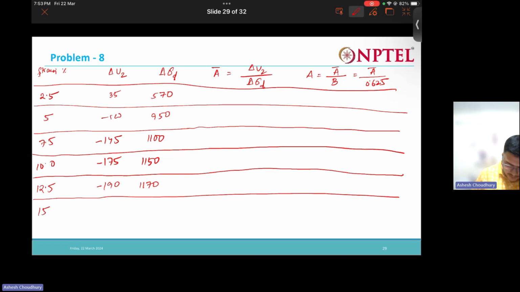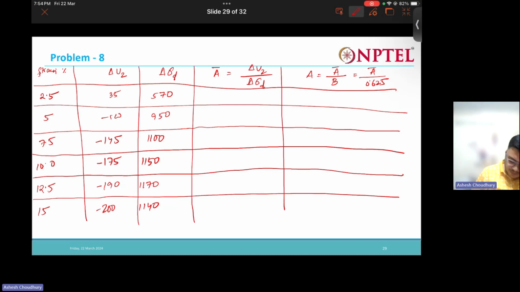Last we have, all right. So A bar is what? So A bar is due to this by this, 35 by 570. 35 divided by 570 is 0.061. Next we have minus 100 divided by 950, minus 0.105.